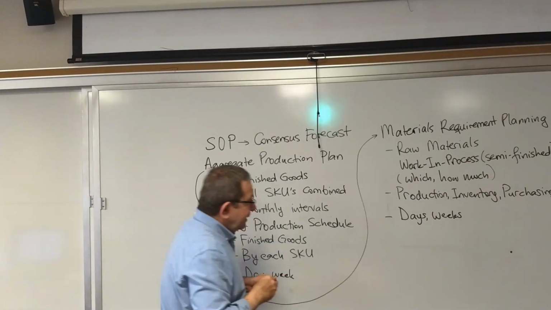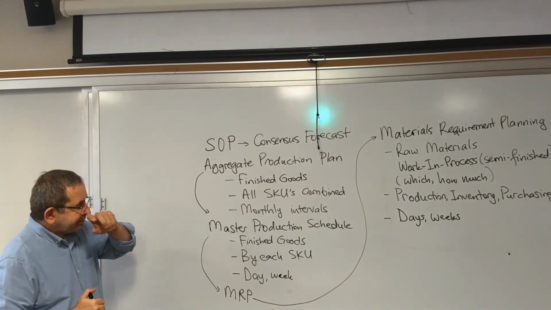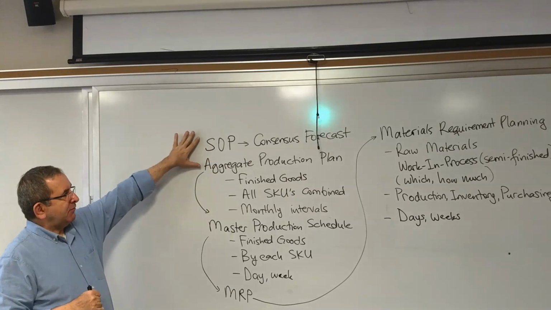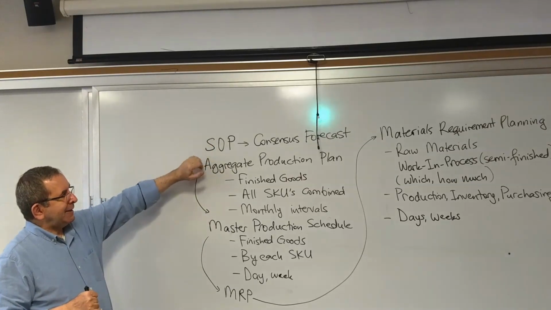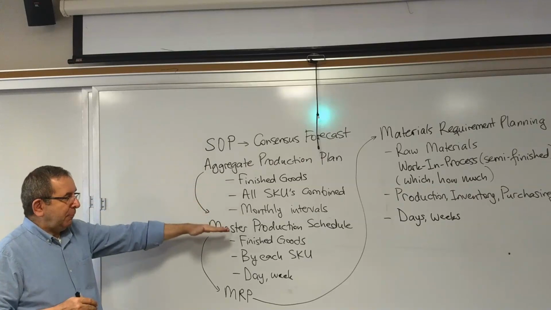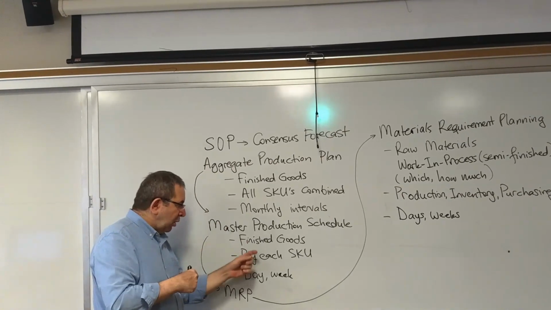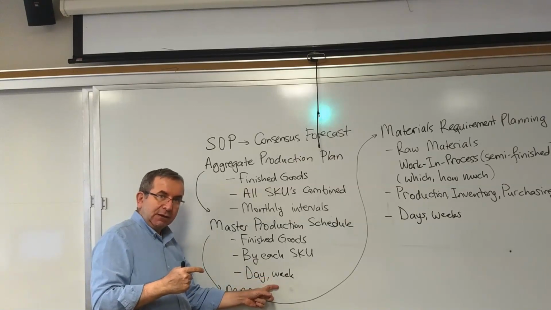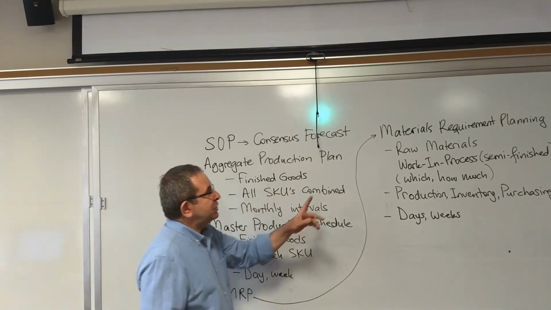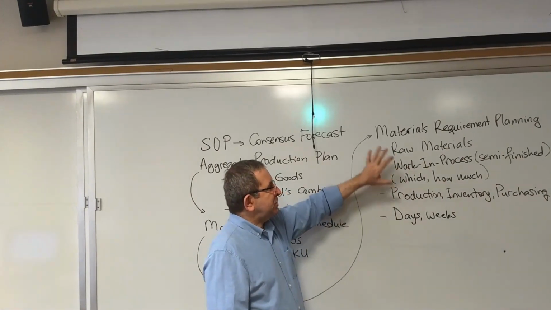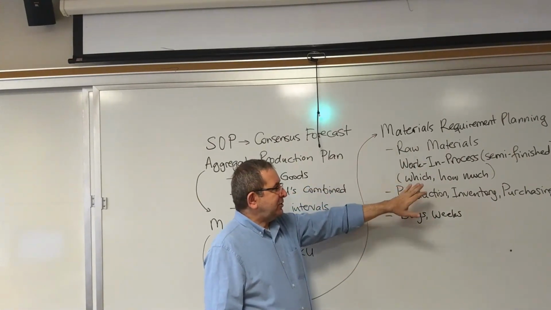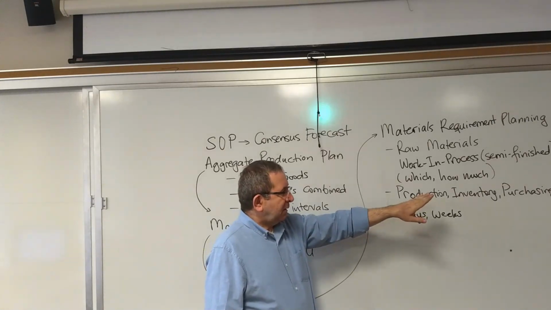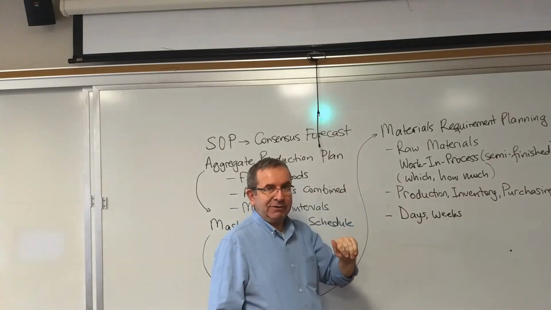So we have started our tactical plan at this level, aggregate production plan and S&OP. And then we have made it more detailed along each SKU across days and weeks. And we have further detailed it to raw material requirements. What do you need? How much? When? Do you make or purchase, or do you have it in inventory?